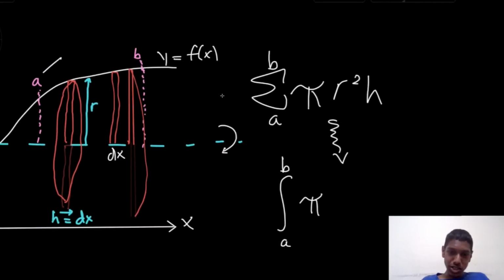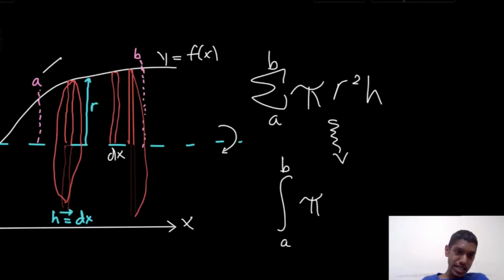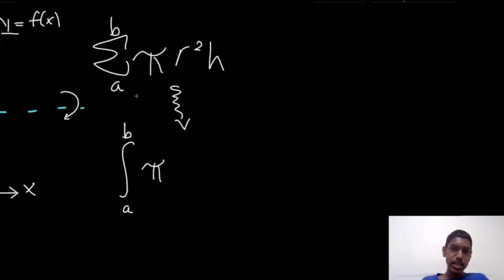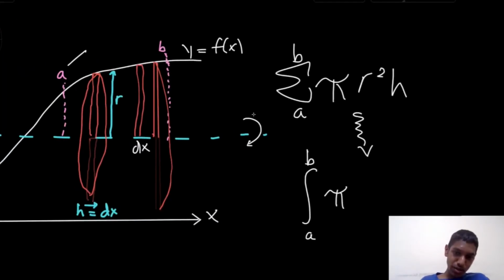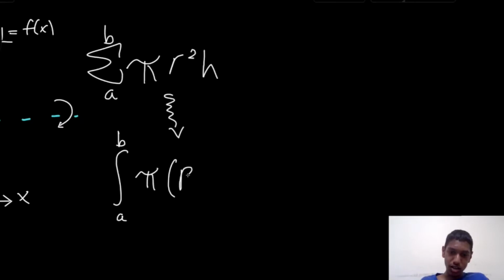Now, the function might not be this exact f of x, but it's probably related to f of x in some way. In this particular case, it's not exactly f, so I'll call it some other function, r of x.